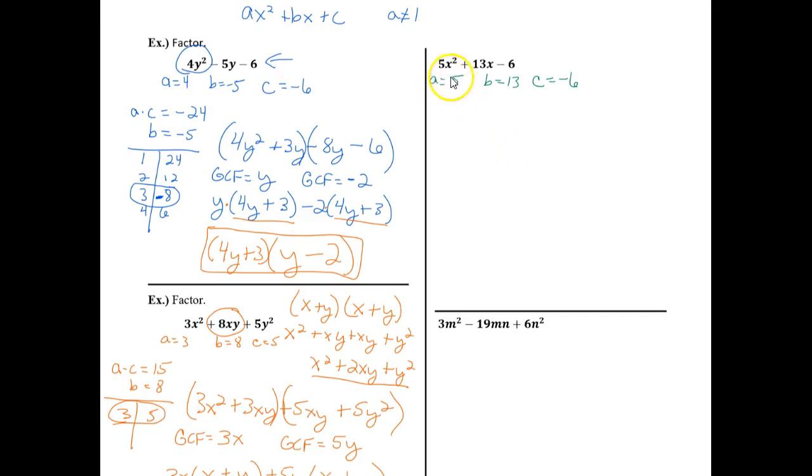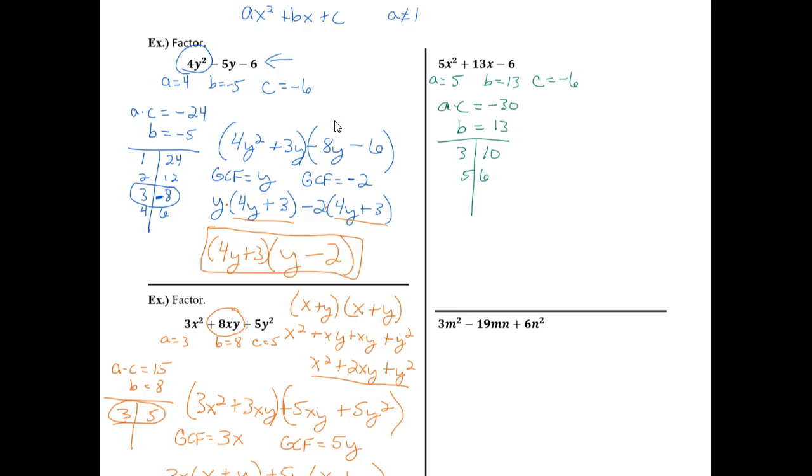Right away, I see my A is not 1, so I have to remember to multiply A times C. 5 times negative 6 is a negative 30. So I'm looking for factors of negative 30 that will add to positive 13. So 30, 3 times 10, or 5 times 6, so on and so forth.